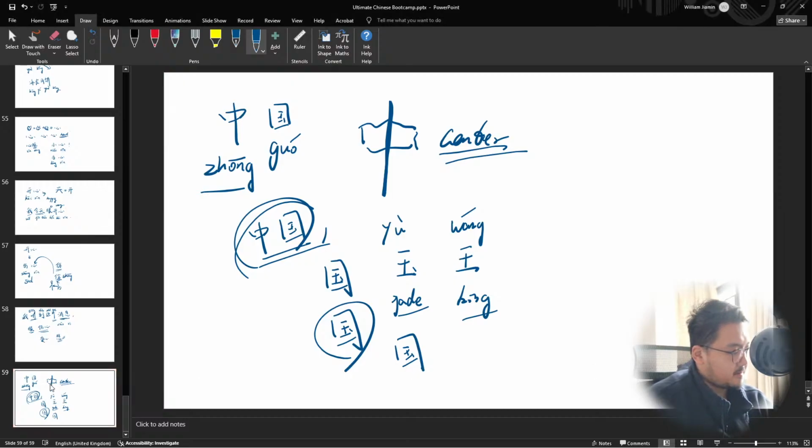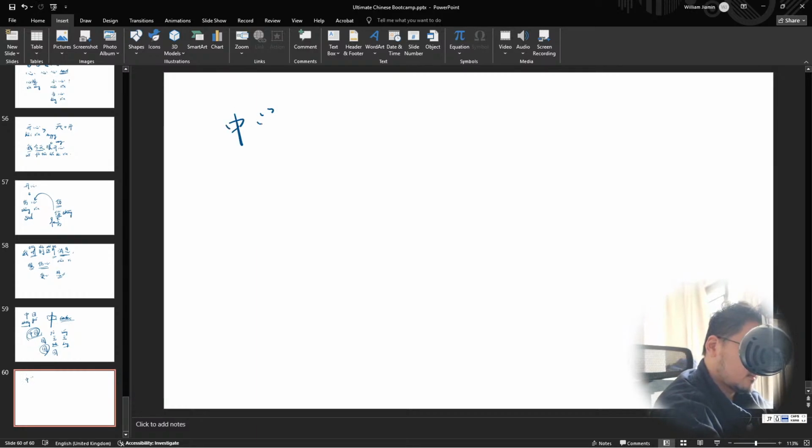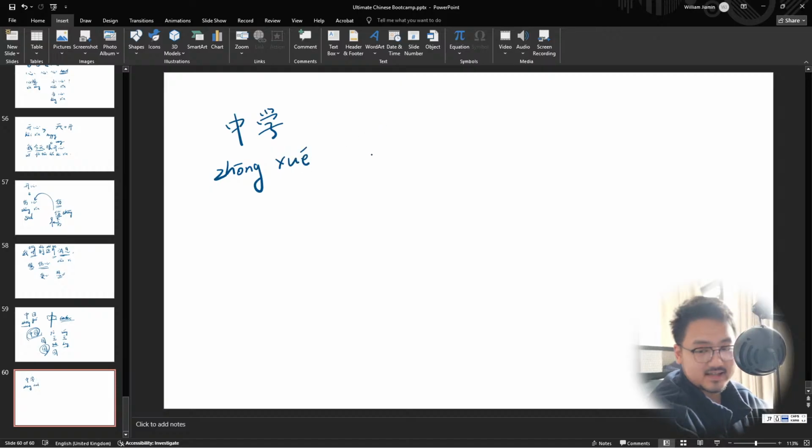And 中 can also be a ton of things that means the middle, right? We can say middle school, 中学. 学 means study, but you study in the middle.